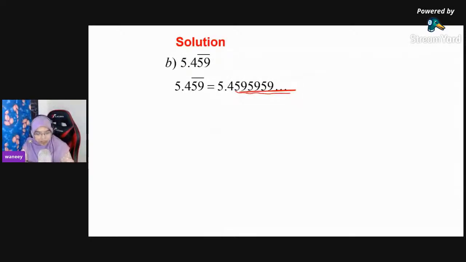You must give your answer in fraction, okay? Don't give your answer in decimal fraction.